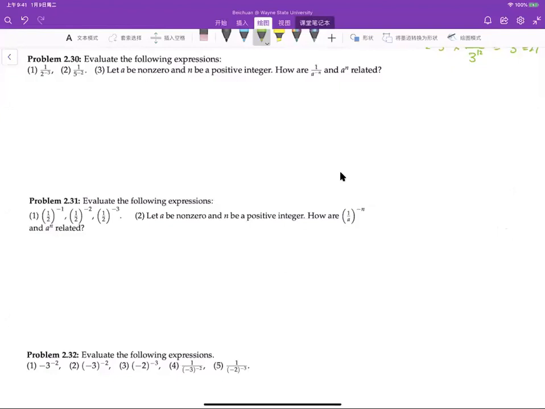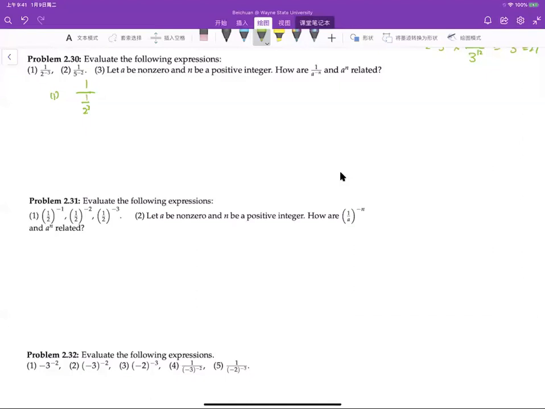Okay, so number 1, we can use the property that a to the negative b equals 1 over a to the b to convert it. So what is that? 1 over 2 to the third. All right, so can we simplify it?